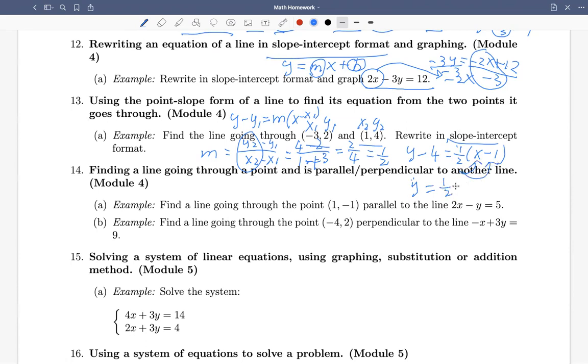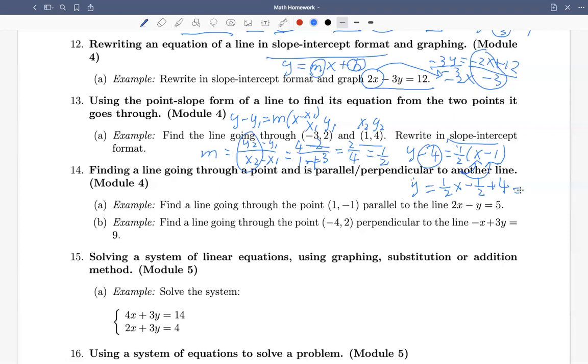So we get y equals half x minus half plus 4, right? Minus half comes from negative 1 times half, and plus 4 comes from the negative 4 on the left-hand side moved to the right-hand side.